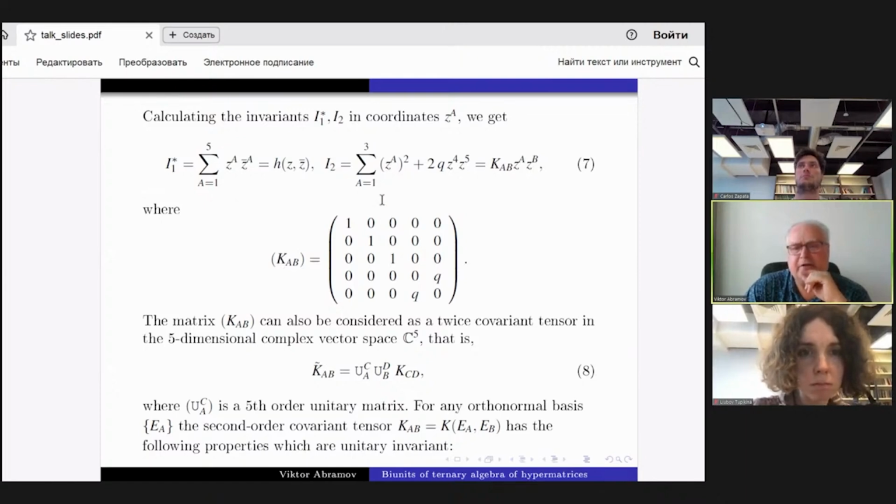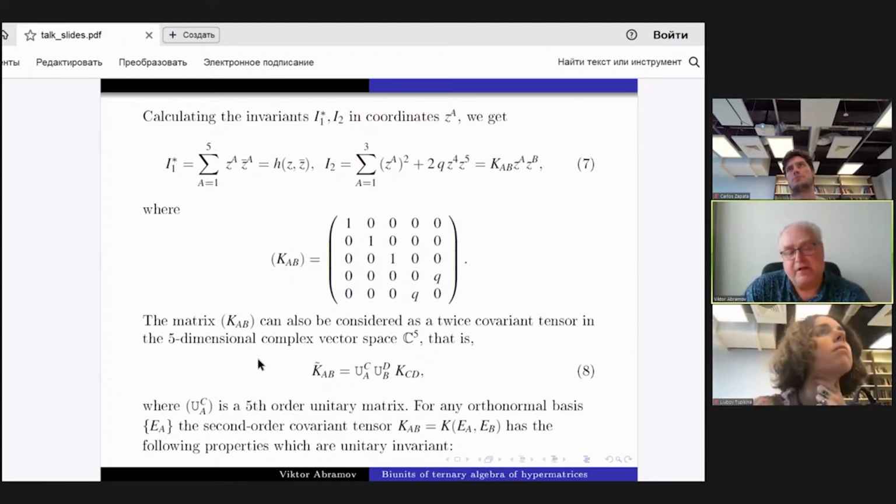And I was very interested in this invariant. Geometric meaning is very understandable. This is a Hermitian metric, but what does this kind of invariant give? I can interpret this in different senses. I can look at this as a tensor.